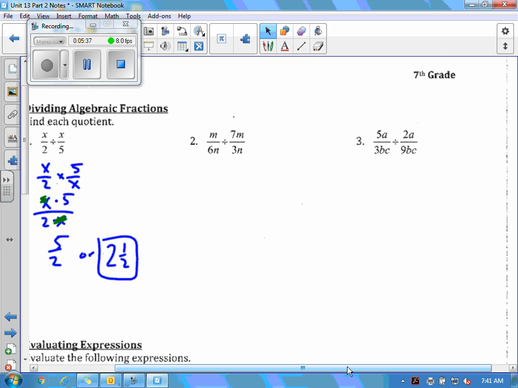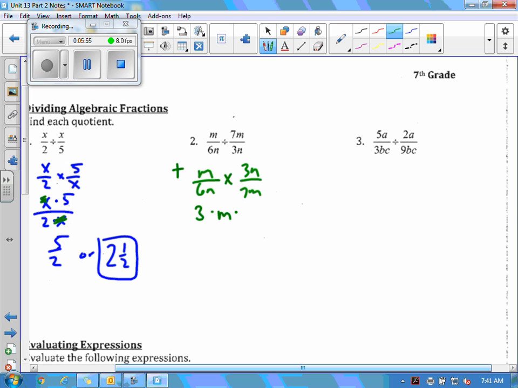For number 2, I have a positive divided by a positive, so I'll have a positive answer. Keep, change, flip. And then just like we did in the last section, it might make it easier for you to separate the coefficients from the variables. So on the top, I have a 3, an m, and an n. On the bottom, I have a 6, a 7, an m, and an n.